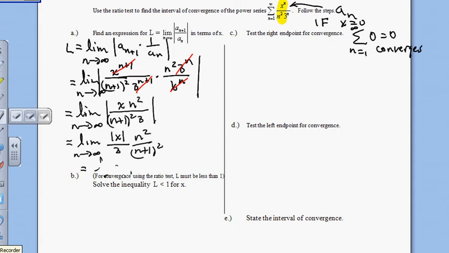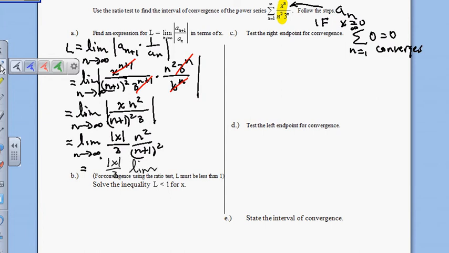Since we're taking the limit as n increases without bound, that means that the absolute value of x and the 3 can be slid outside of the limit because they're constants as far as this limit is concerned.